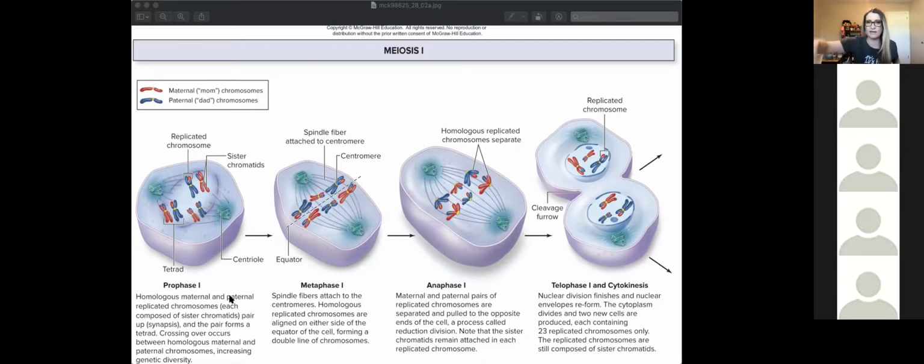So that when the anaphase happens, what's happening is you're separating those replicated chromosomes there. Okay, so you're not separating sister chromatids yet. You're separating the homologous pair that's been shuffled, right, in prophase 1. So anaphase 1, you're separating the homologous replicated chromosomes, but not sister chromatids, all right?